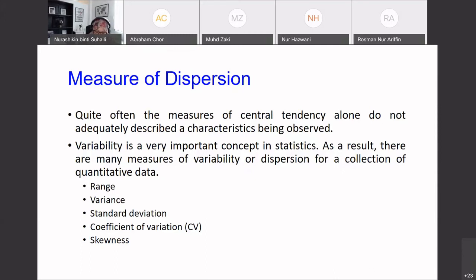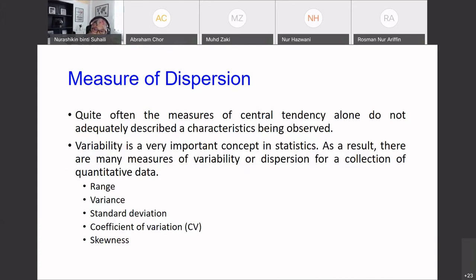What's the average for this? 23 plus 21 plus 24, that's 68 divided by 3. The average will be 22.7, let's say.